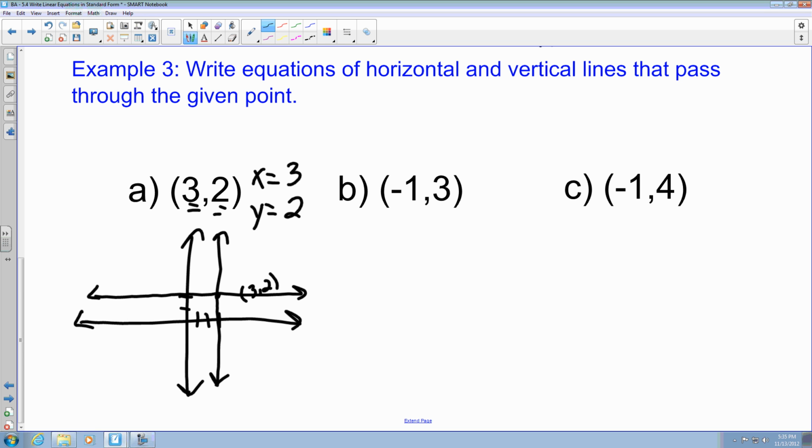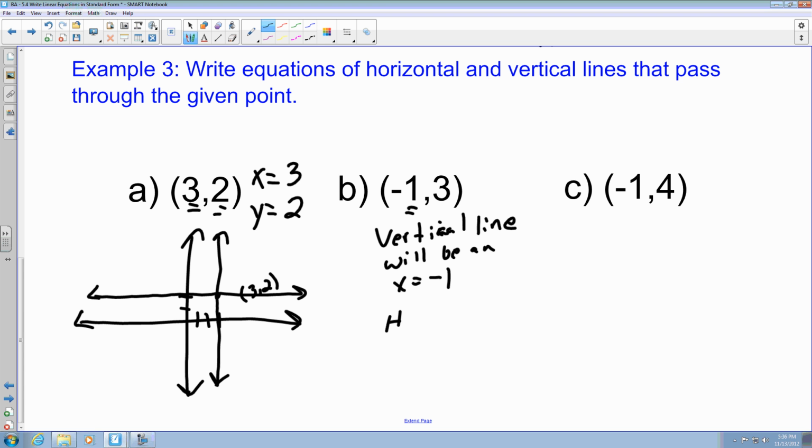So for B, let's not even use a graph. Let's just see if we can figure it out without using a graph. First off, let's look at the vertical line. We know that the vertical line will be x equals. Our x coordinate is -1, so our vertical line would be x equals -1.